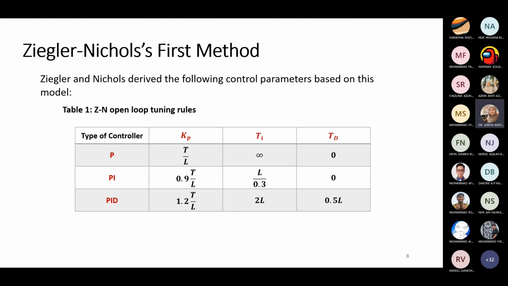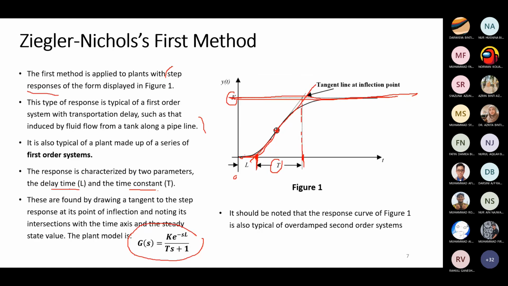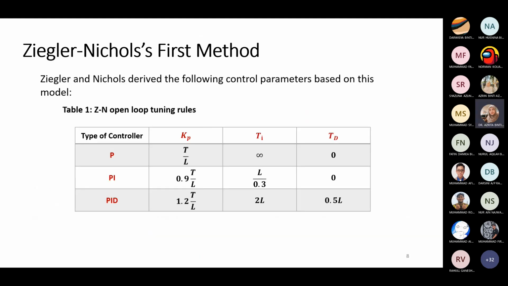And then from these values, T, L, and K, we can tune the Ziegler-Nichols values. That means we can find the value of Kp, the value of Ti, and the value of Td.